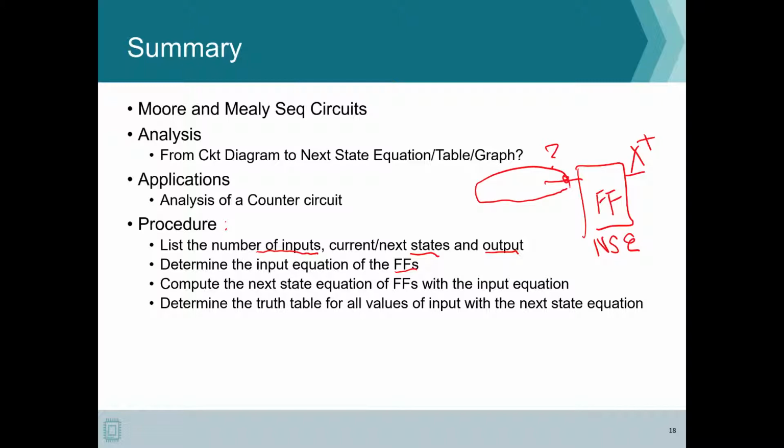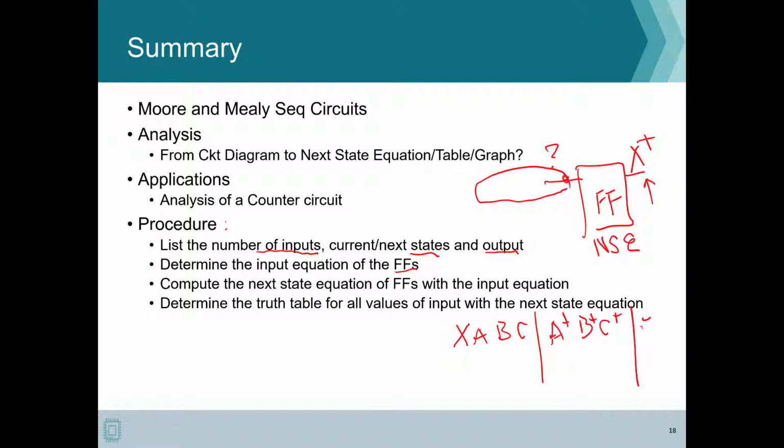Next, you would derive the truth table by applying values to your inputs and your state variables, and then equate your next state equations based on the values for your next state variables.